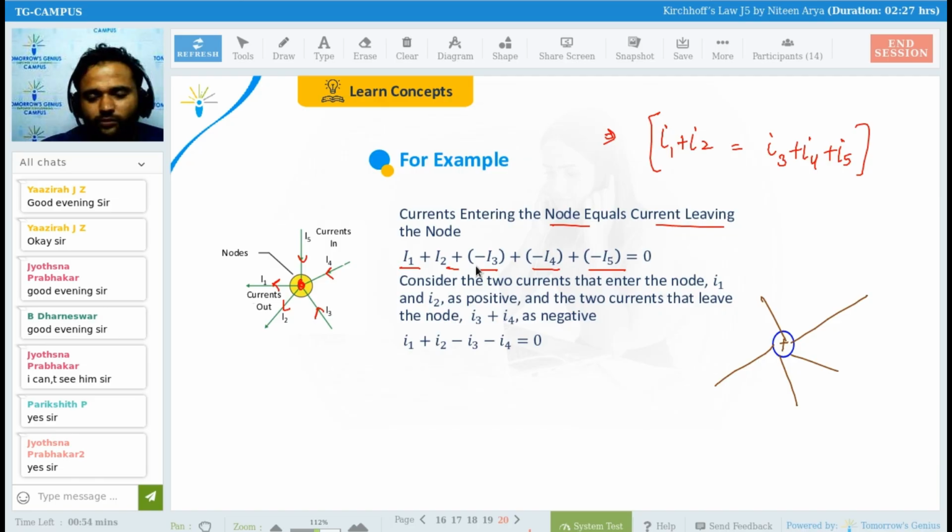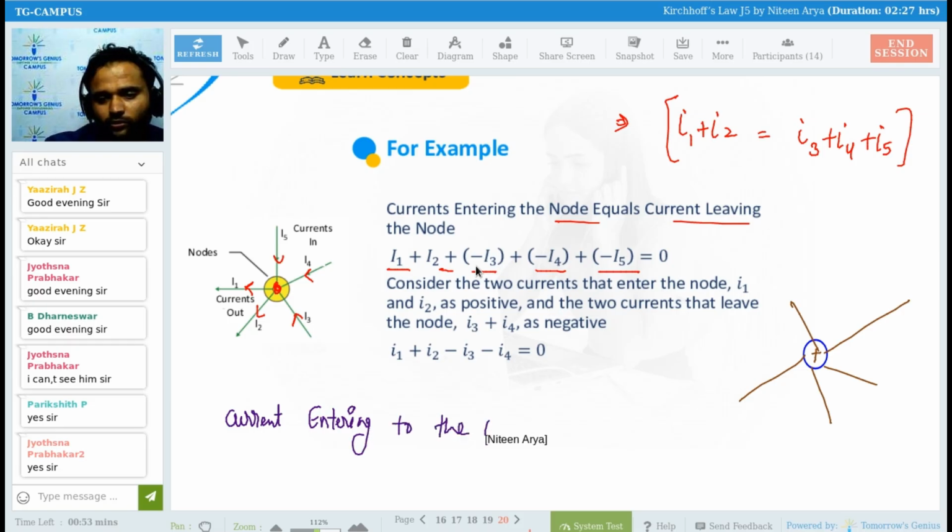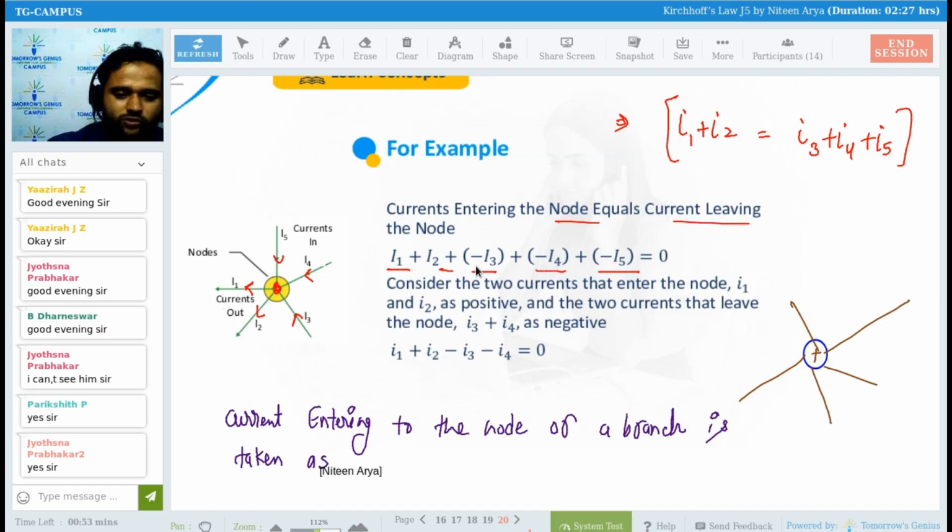You can find it anywhere. Just the main thing is, I'll give you this in a proper written way. Current entering the node or a branch is taken as negative.